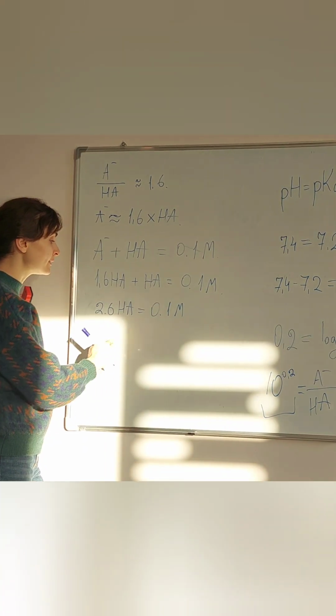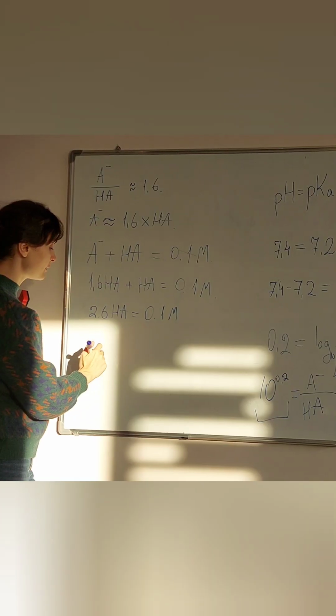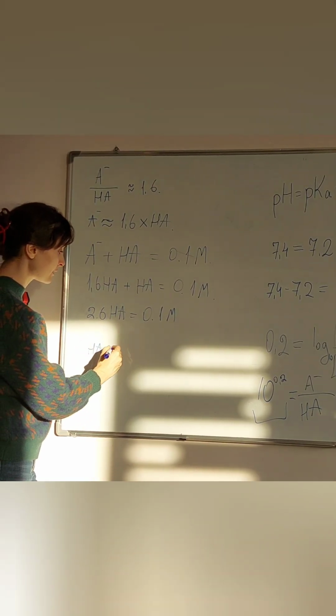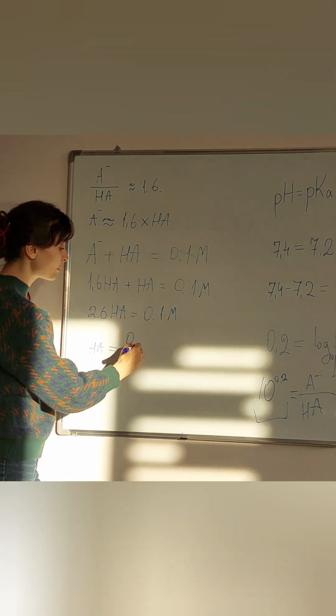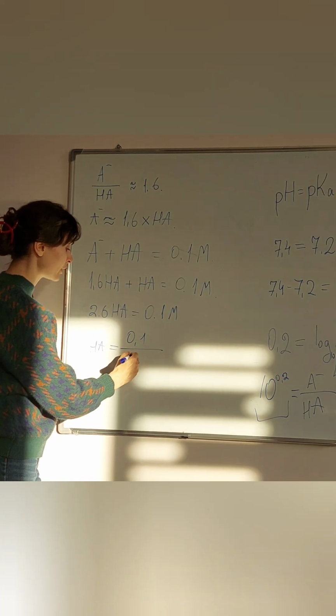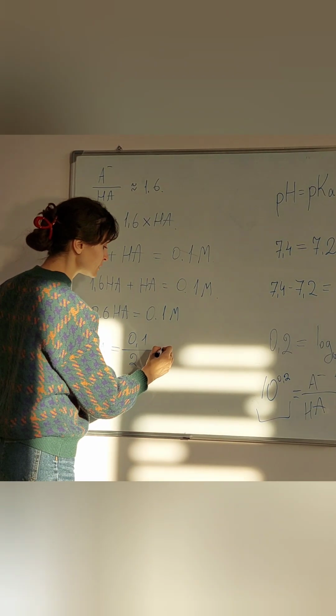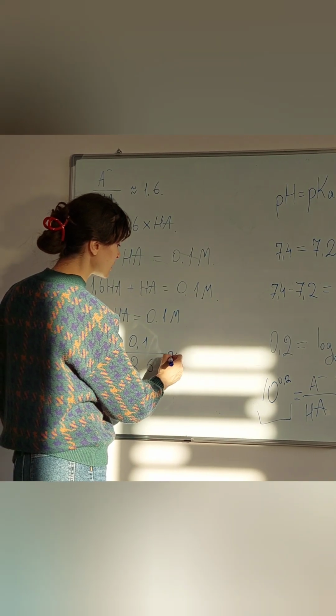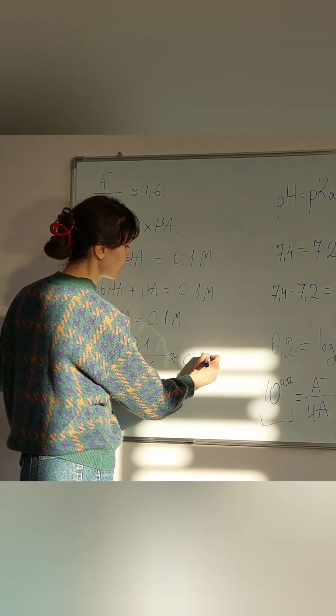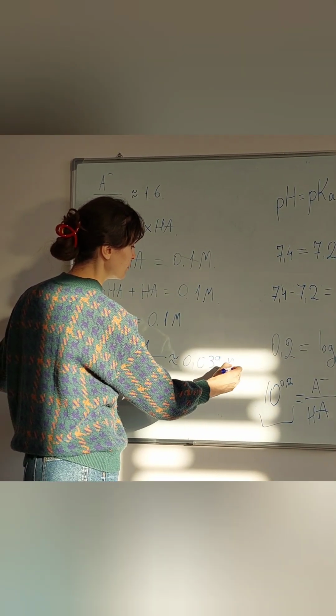And we are calculating the basic math here, that acid equals 0.1 over 2.6 mole, and it's going to be about 0.039 mole.